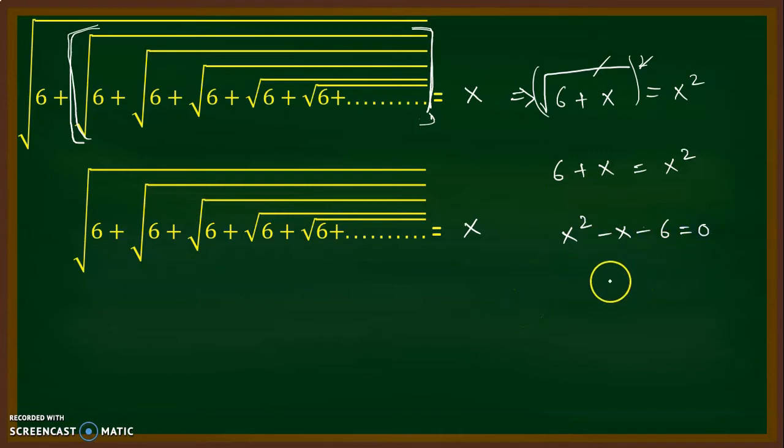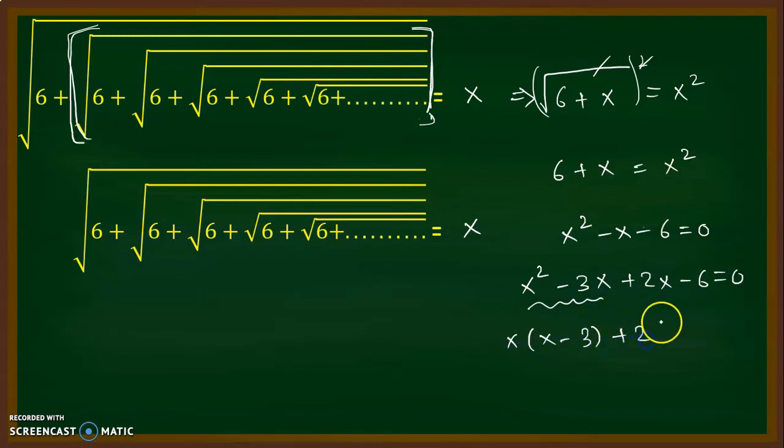Now if you solve this quadratic equation by using factorization method, we can split this minus x as minus 3x plus 2x minus 6 equal to 0. From the first two terms we can take x common, and from the second two terms we can take 2 common. So here we get x minus 3 multiplied by x plus 2 equals to 0.